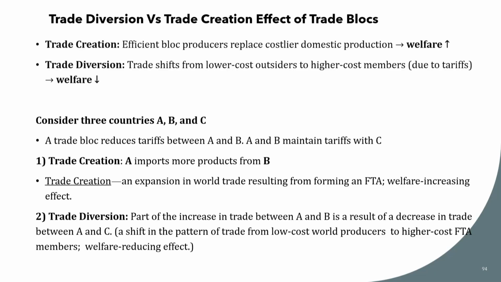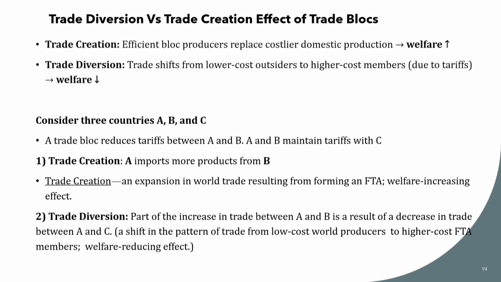One of the resulting outcomes of regional trade agreements is the question of what is going to happen to international trade, to the volume of international trade. This can be understood by two concepts, called the trade diversion and trade creation effects of a regional trade bloc.